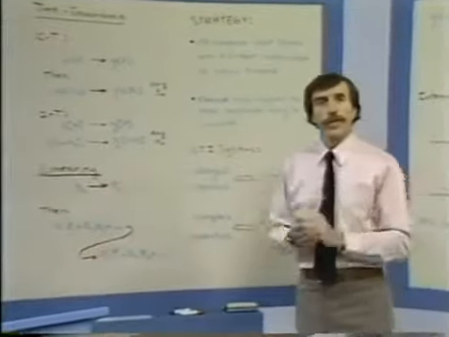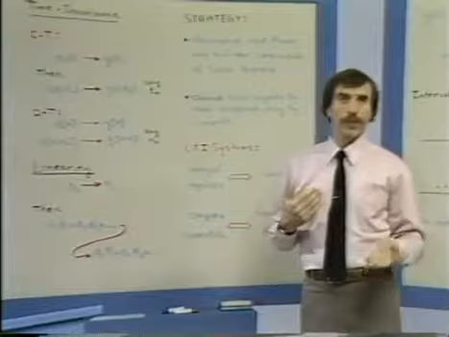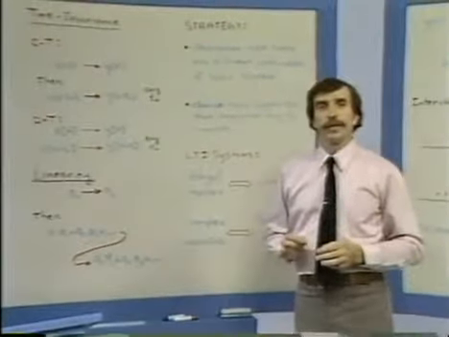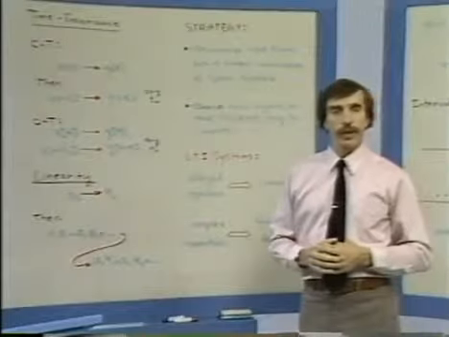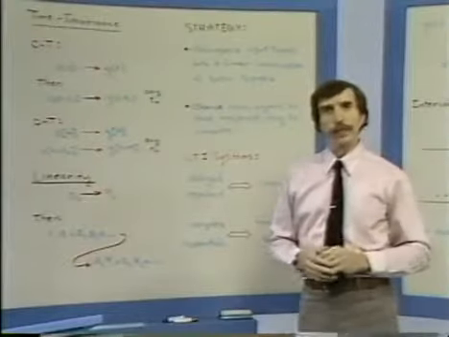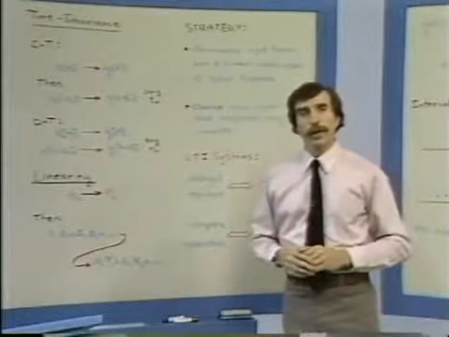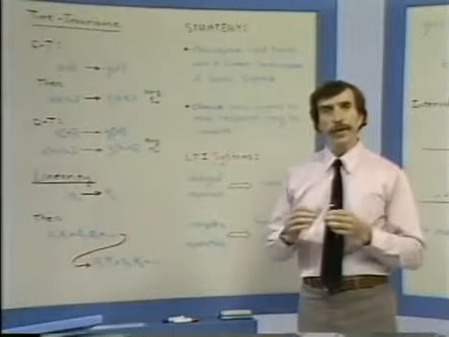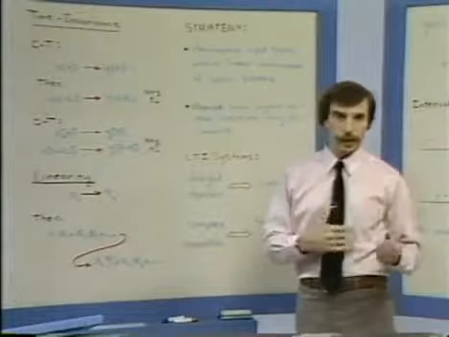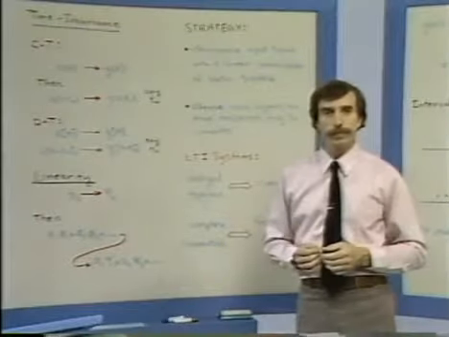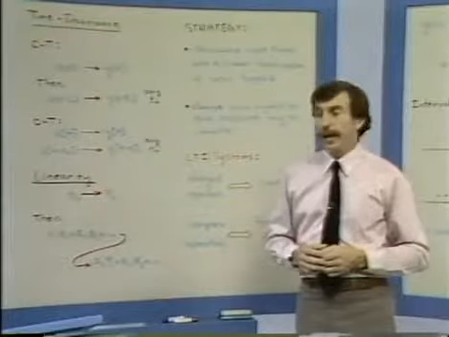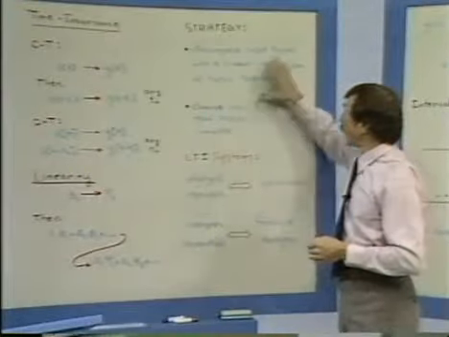Now, the question is, how can we exploit the properties of linearity and time invariance? And there's a basic strategy which will flow more or less through most of this course. The strategy is to attempt to decompose a signal, either continuous time or discrete time, into a set of basic signals, and I've indicated that here.